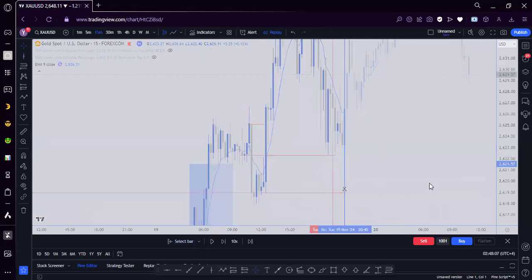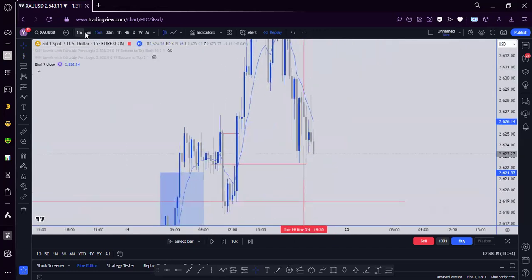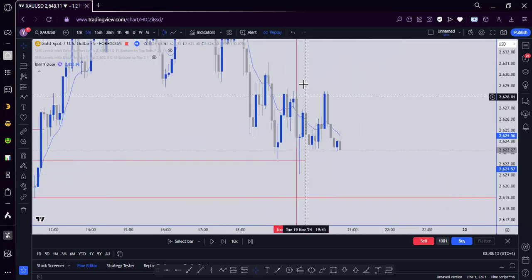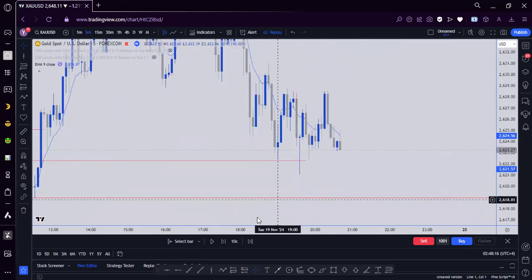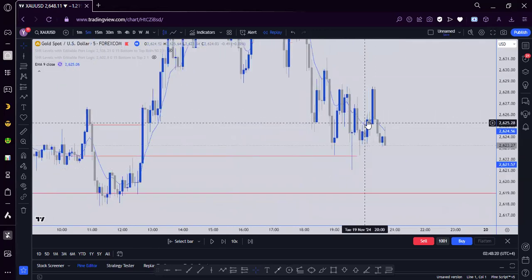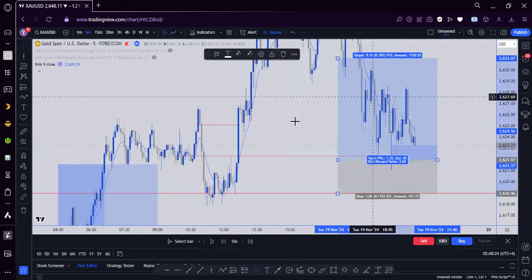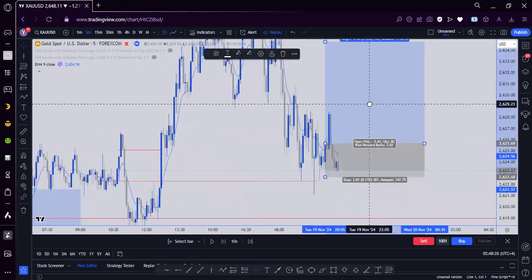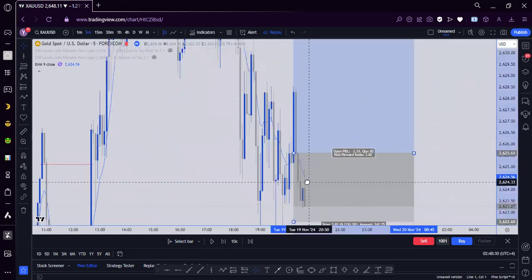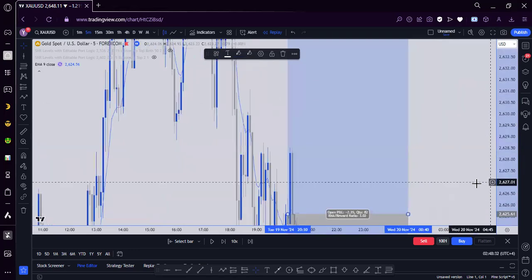Let's play the chart and look for the 5-minute EMA confirmation. This candle is the 5-minute EMA confirmation. So our entry is right here, after this candle closed.